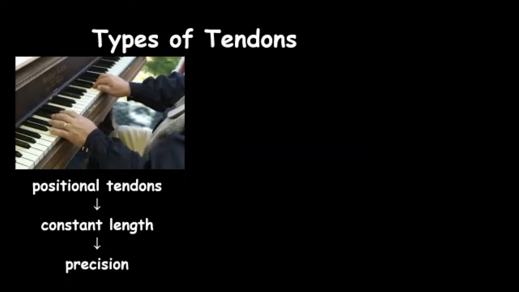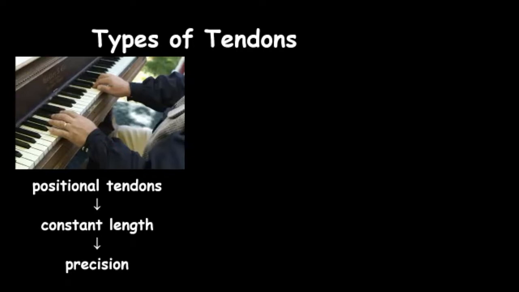Now, horses have, and all animals have, different types of tendons. One type of tendon I'm going to call positional tendons. And these are tendons that are highly fibrous, they're not elastic, they don't stretch when they're subjected to a tensile force, so they're constant length. So these tendons will transmit changes in length of the muscle very precisely.